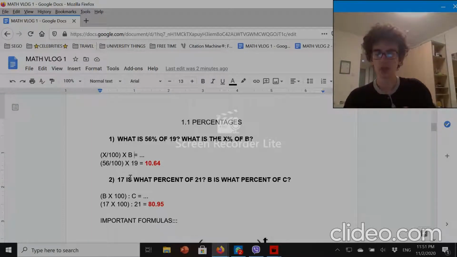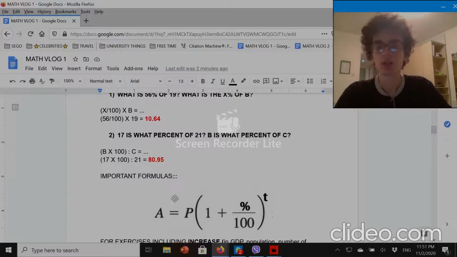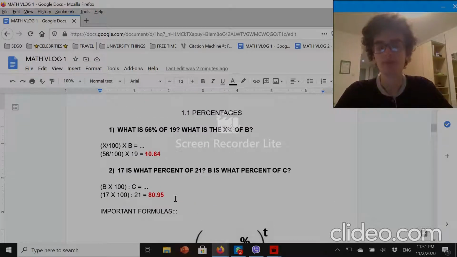The second thing we could be asked is: the number b is what percent of number c? So we would write b times 100, all divided by number c.